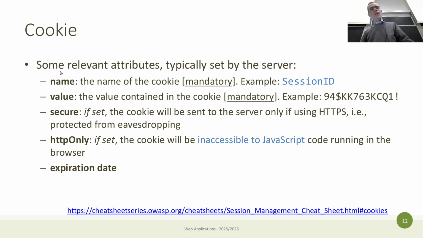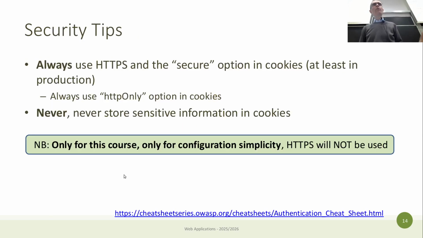Okay, so name and value. We need to establish a name and a value. And then secure: decide if we want to use the secure flag. Typically, yes, but unfortunately, in our demo application, only for this course, only for configuration simplicity, we will not use HTTPS and we will not use the secure flag for the cookies.